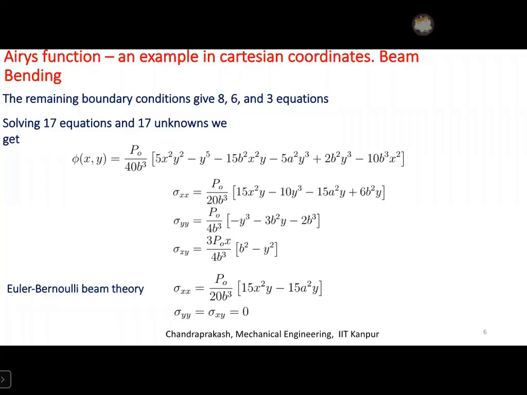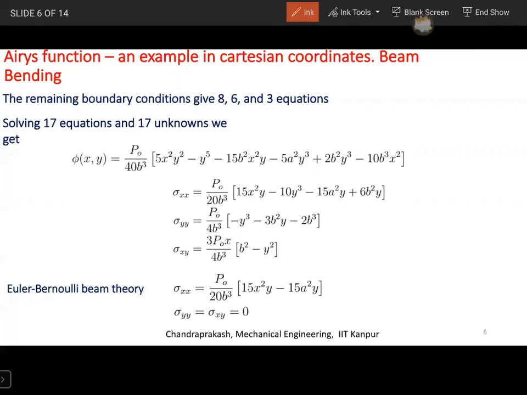If you compare the sigma xx of both, the sigma xx here and the sigma xx here, right? You will see that you're getting two additional terms, this 10 minus 10y cube and 6b square y, which do not appear in the Euler-Bernoulli beam theory sigma xx, right?